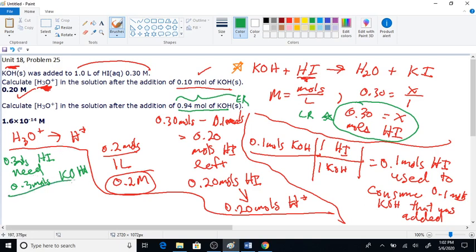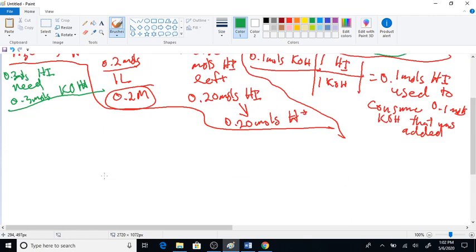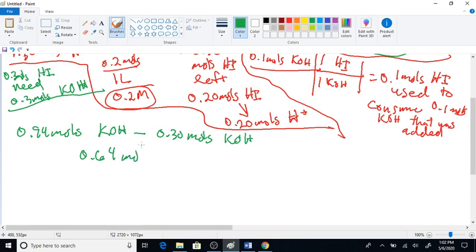Well, how much is left over? We started with 0.94 moles of KOH. We then used up 0.3 moles to consume the 0.3 moles of HI. So what we have left is 0.64 moles.